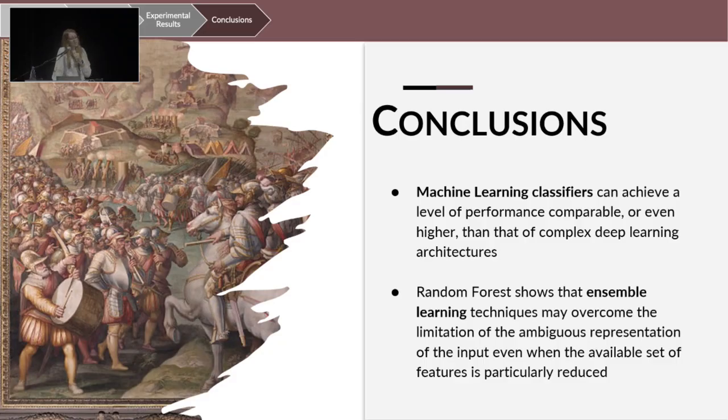So, summarizing, we can say that machine learning classifiers can achieve a level of performance comparable or even higher than that of complex deep learning architectures, that for a machine learning approach, probably random forest is the best solution, because it is an ensemble learning that could overcome the limitation of representation of the input.